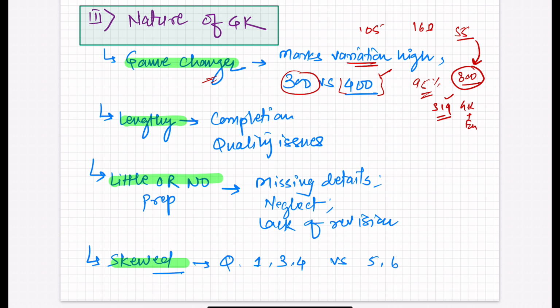But that year itself, I got the understanding that the GK and English papers are game changers, and they can very well conceal your limited understanding or limited preparation in the optional papers.